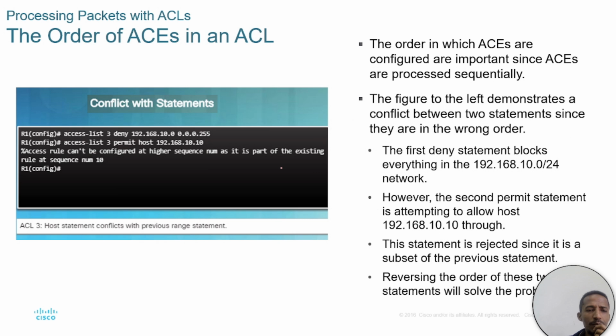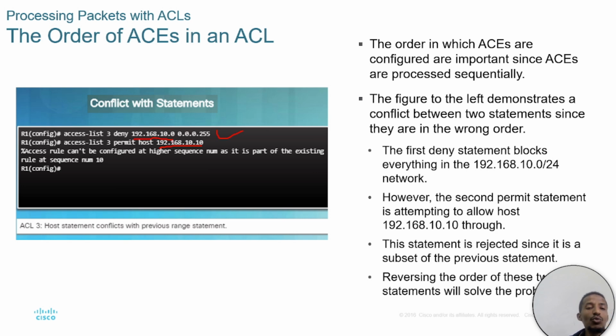What about here? The problem here is the order of the sequence of the statements. First, you denied the 192.168.10.0 network, then you permitted a specific host from that network. It's not possible. That's what we call a conflict of statements.